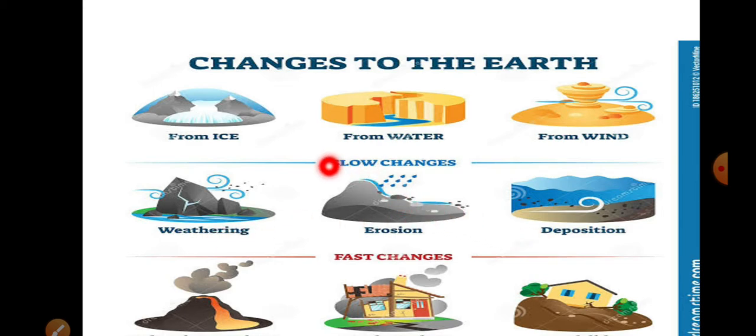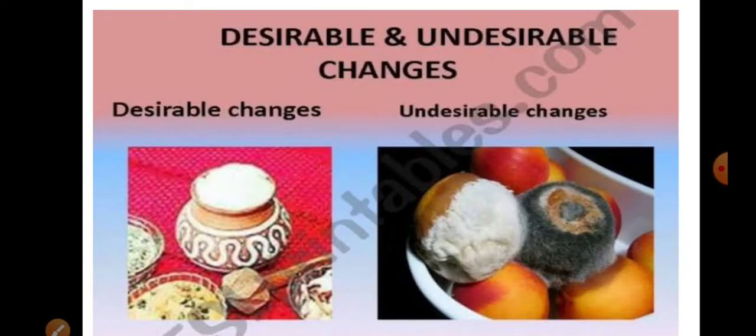So we call all these changes slow changes. Whereas floods, volcanic eruptions, and earthquakes occur within a short duration, within hours. So we call them fast changes.